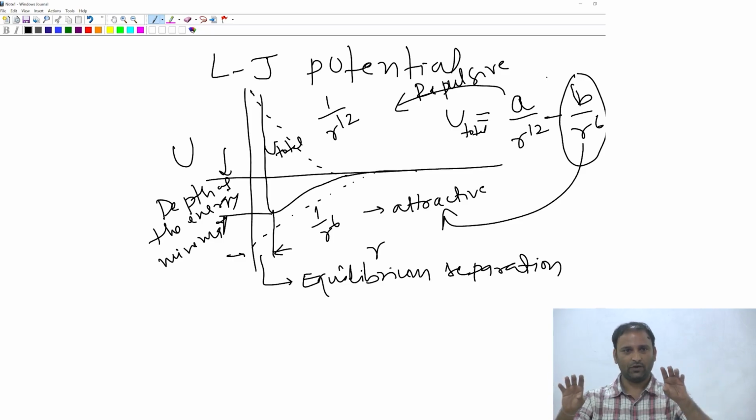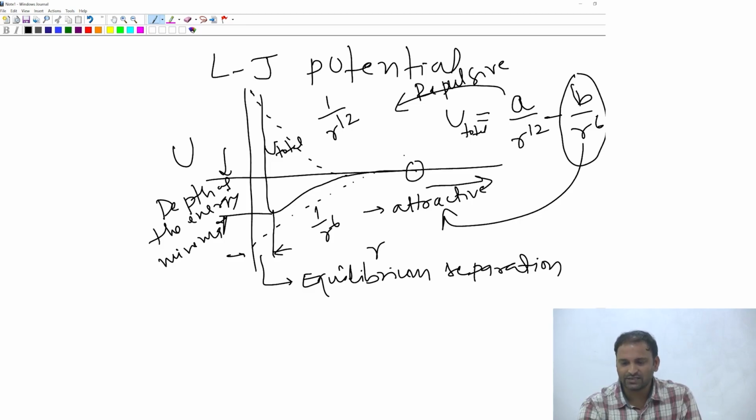If the distance between them is very, very large, then in this plot any distance above what I have marked there means no interaction, because the interaction is essentially 0.